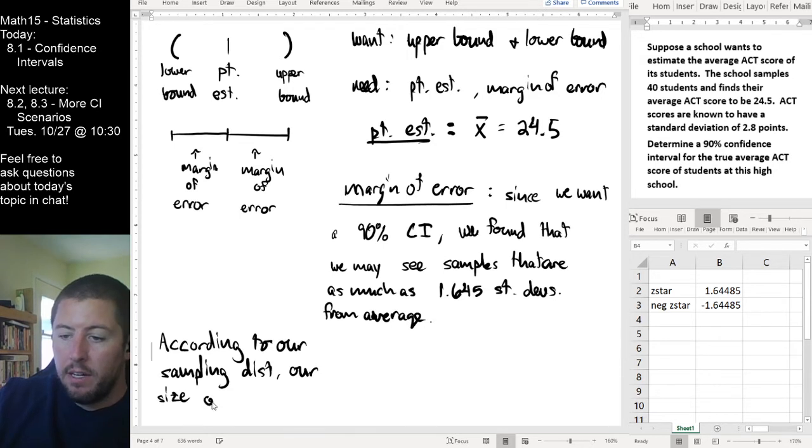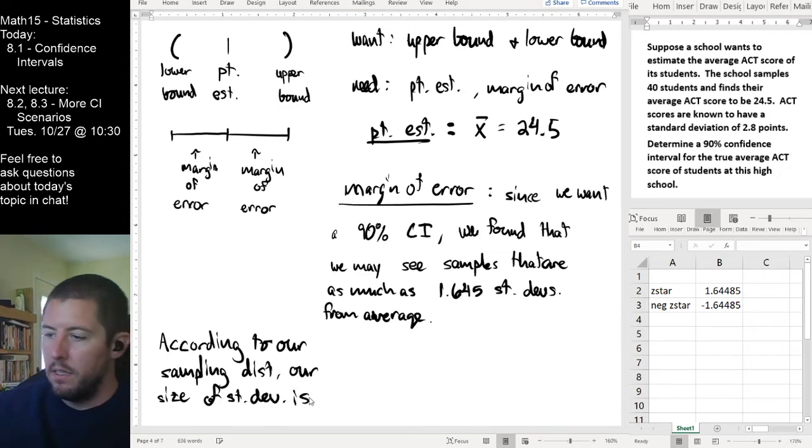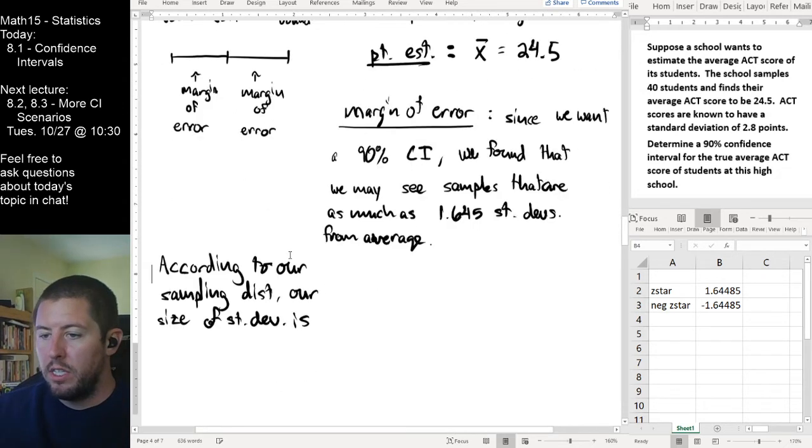Our size of standard deviation is our sigma over root n.